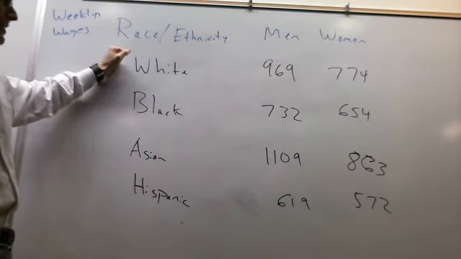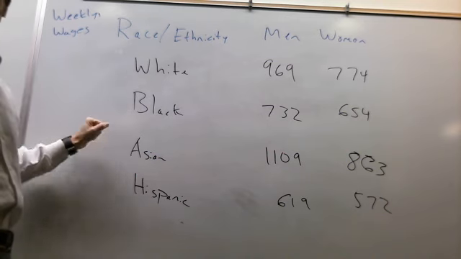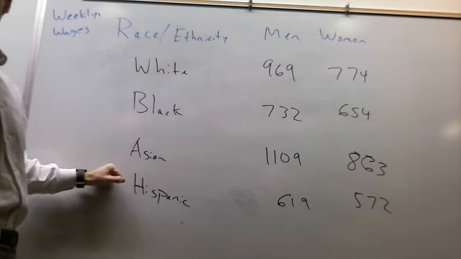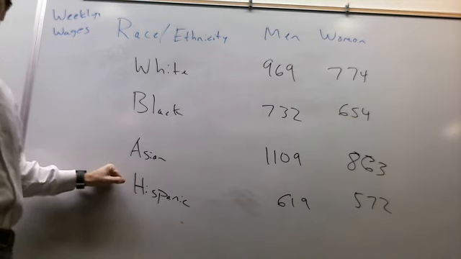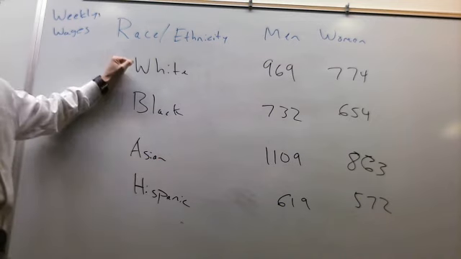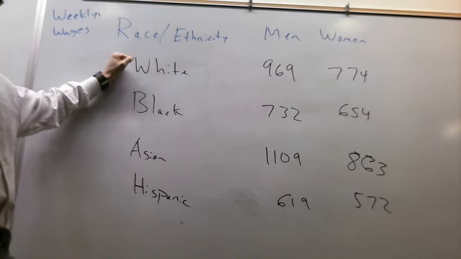Now, whites are lower than Asian in here, and part of it has to do with a bit of bias in these numbers. What's true about Hispanics? Is Hispanic a race or an ethnicity? It's an ethnicity, and you can be white Hispanic or non-white Hispanic, and you can be white non-Hispanic, right? So whites will include both Hispanics and non-Hispanics.